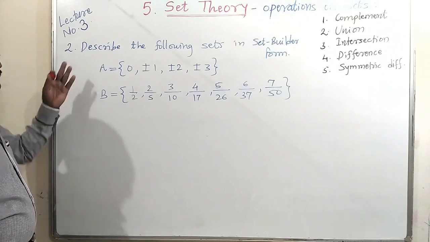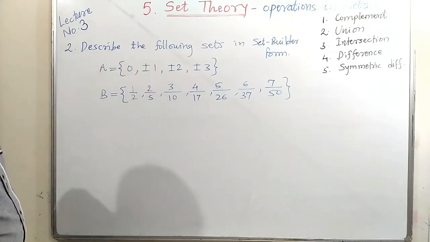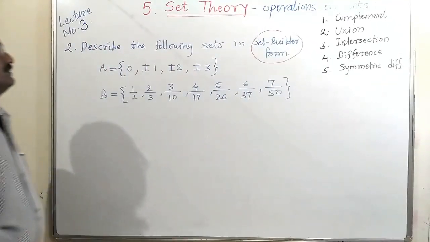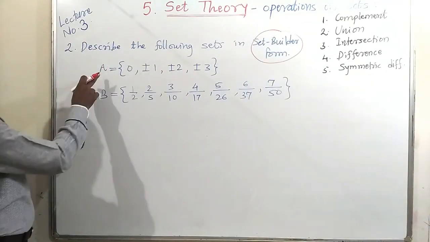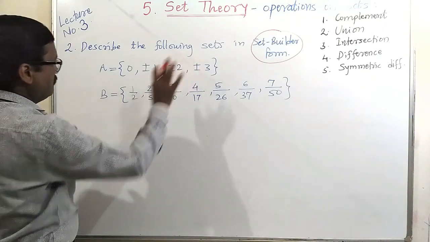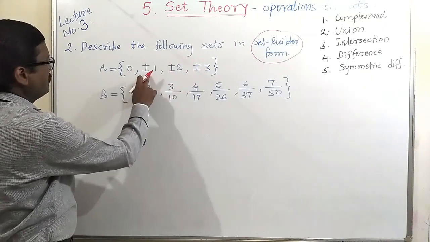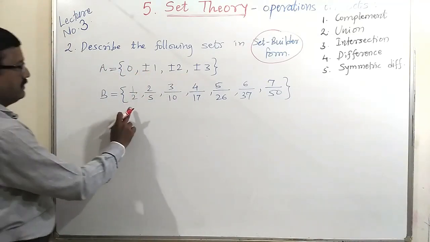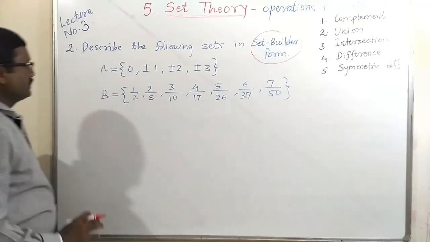Now see example number 2. Describe the following sets in set builder form. You have to represent the set in set builder form. Here given sets are in roster form. Here elements are given. Here in all we have 6 plus 1, that is 7 elements. In this set also 7 elements are there.